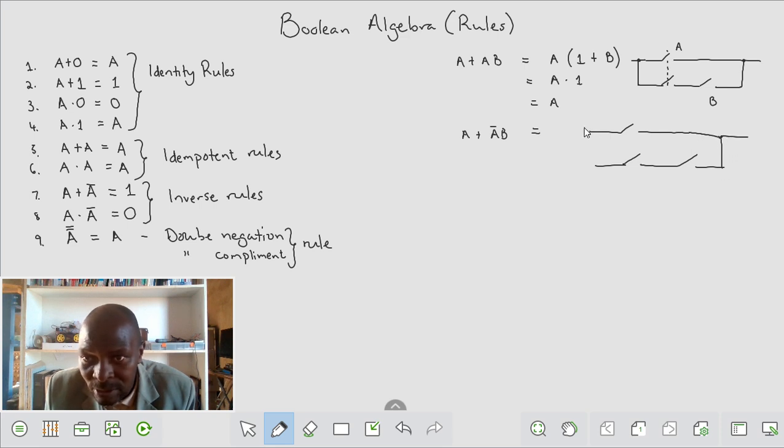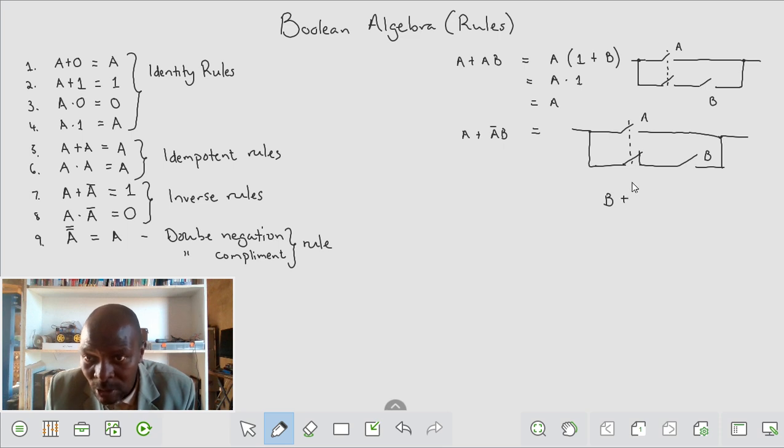So this here is A, but that is the opposite of A. Okay, that is the opposite of A, and this here is B. Now you can see if A is open there, that line is definitely closed, and we depend on B. If A is not activated, that side is open. That side is closed. So power is waiting there anyway. It's waiting for B. So this time around, B is going to decide what's happening.